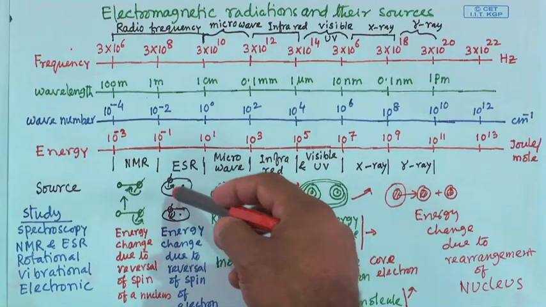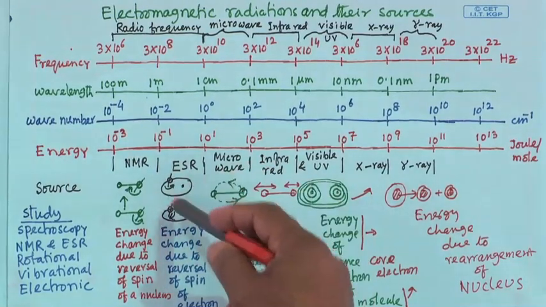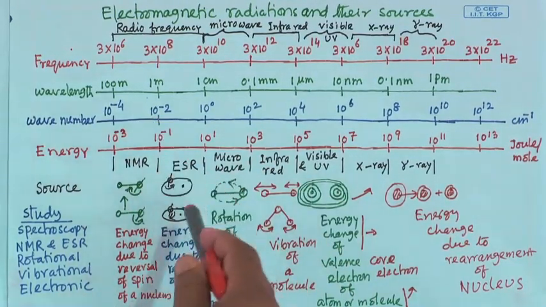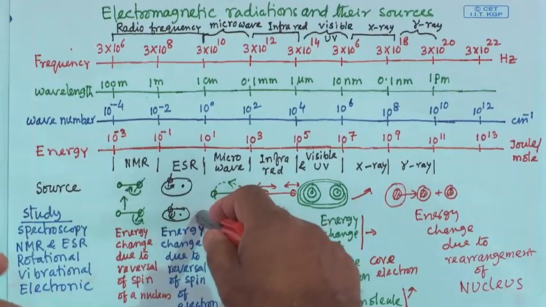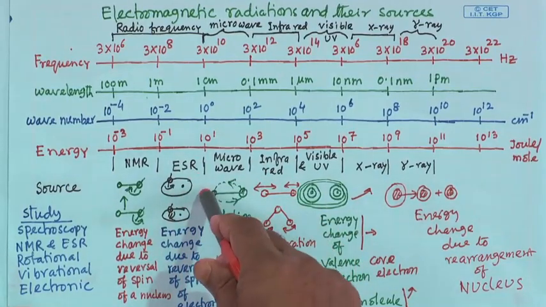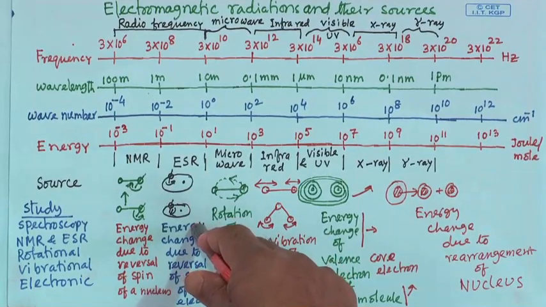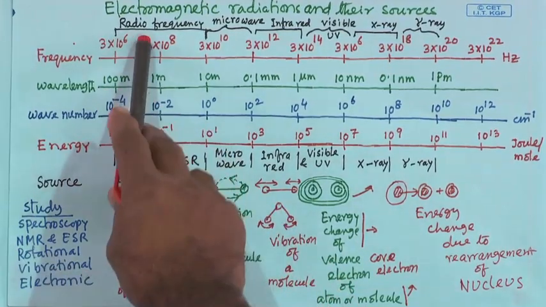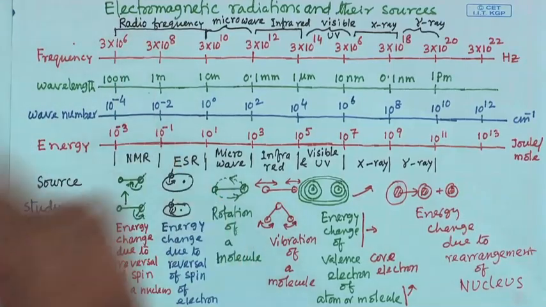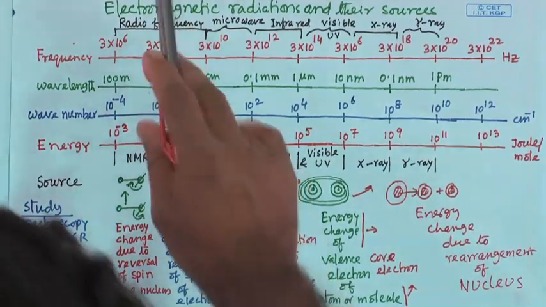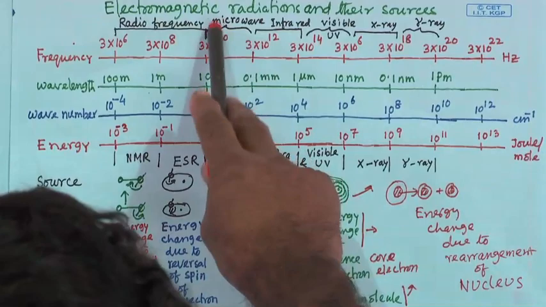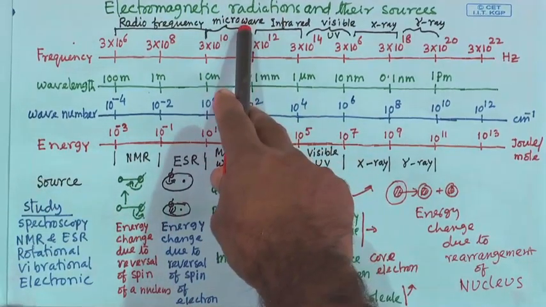Similarly, for reversal of the electron spin there will be a change in energy between these two states, and the corresponding energy will come out as electromagnetic radiation, called radio frequency or radio waves.